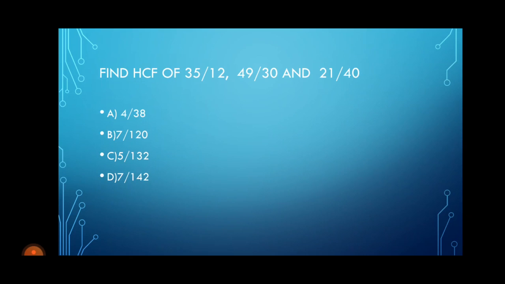Next question is, find HCF of 35 by 12, 49 by 30 and 21 by 40. Here the values given are fractions. We have to find out the HCF of these fractional values, and 4 options are given.